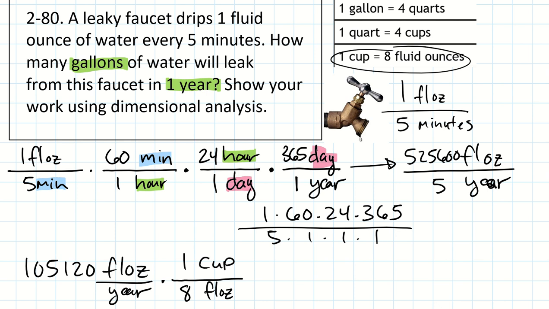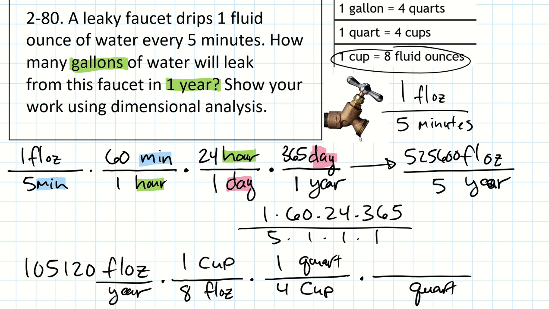Next thing I want to do is I want my cups to go away. So now cups are in the numerator. To eliminate them, I'm going to put cups in my denominator. And I've got 4 cups is equivalent to 1 quart, Q-U-A-R-T. And then finally, my last one, quarts, I need to eliminate. And it turns out that 4 quarts is the same as 1 gallon.